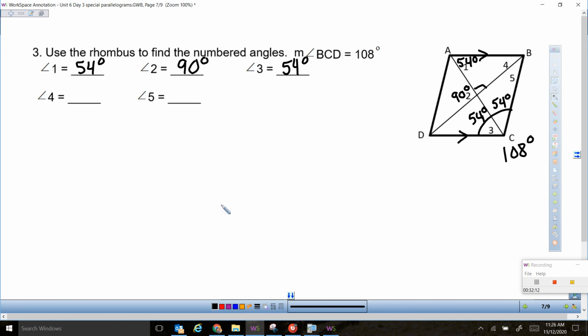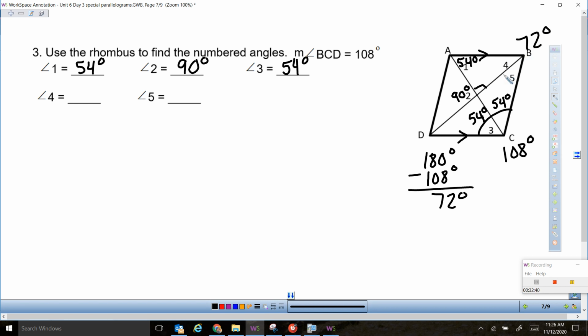And since the top side and the bottom side are parallel, our same side interior angles add to what? 180. So I need to do 180 minus 108. And what's the top angle going to be? 72 degrees. So this entire top angle is 72 degrees.